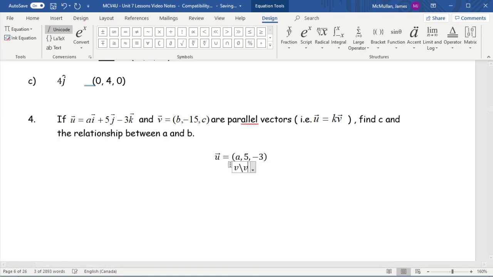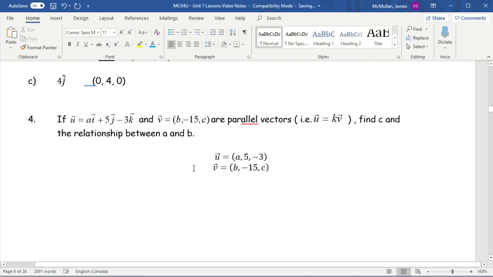Vector v would be equal to (b, -15, c). So let's just review. It tells me v in that form already, and for vector u I'm just converting it to this form.